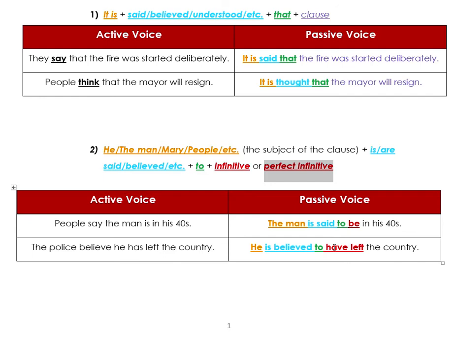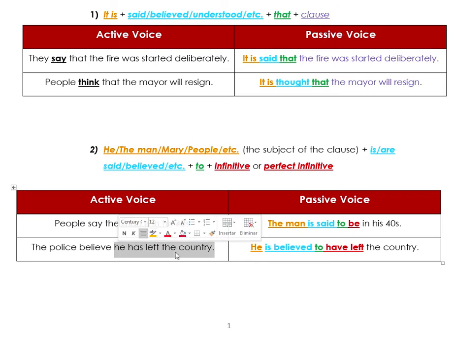¿Cómo formamos el perfect infinitive y cuándo lo utilizamos? Bueno, lo formamos utilizando have y el verbo en tercera columna. Siempre vamos a utilizar to, have y el verbo en tercera columna. Ahora, ¿por qué utilicé perfect infinitive? Si prestan atención, in the active voice, I have a present perfect, que hace una referencia al pasado.